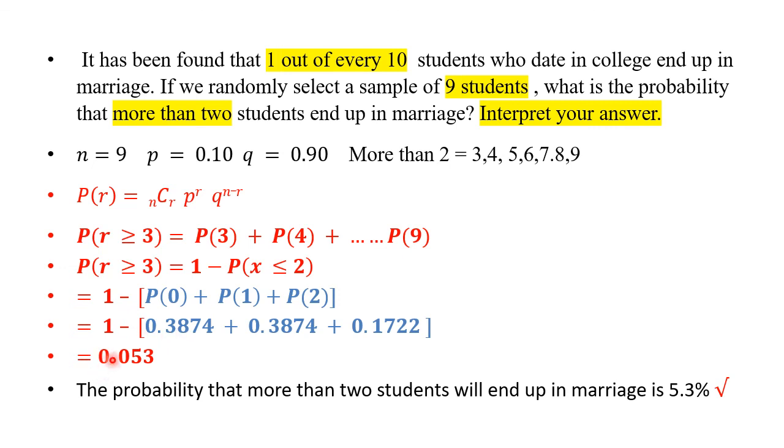You might need to pause the video and try to do it on your own. After getting your answer, you then interpret it by saying the probability that more than 2 students will end up in marriage is 5.3%. All right, take care.